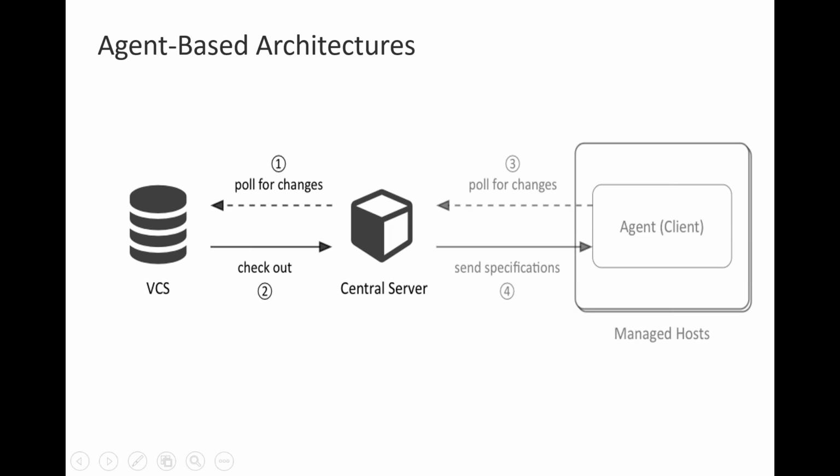It just keeps it in the central server itself. What the agents do is, the target nodes, all the 20 systems where the change is required, have a time interval, by default every half an hour.